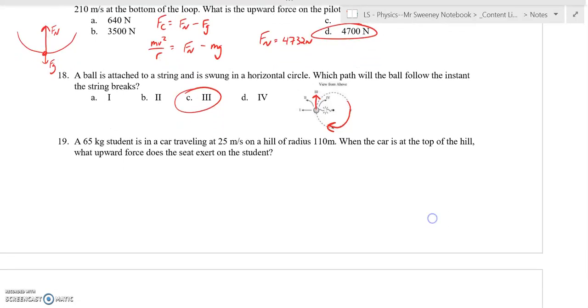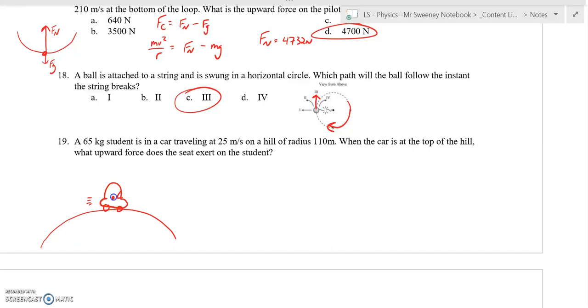Number 19, 65 kilogram student is in a car traveling 25 meters per second on a hill of radius 110. So here's your hill. Here's your car, driving along.